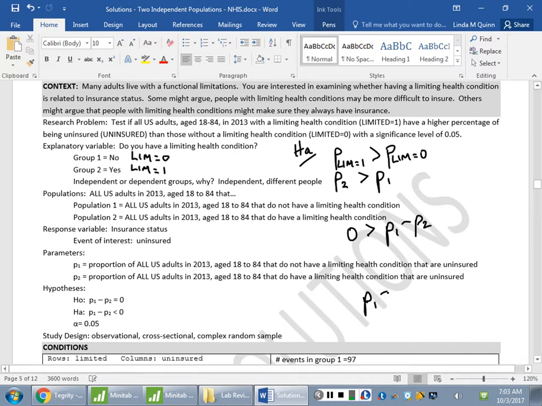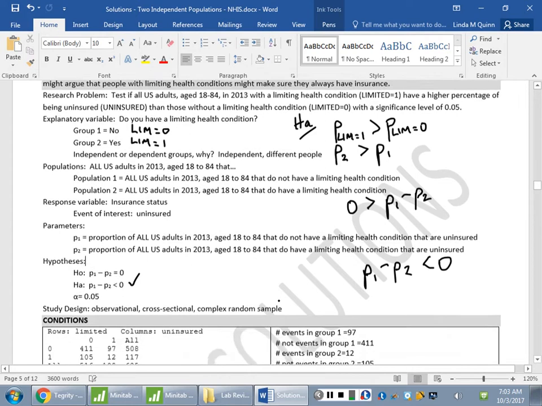So P1 minus P2 has to be less than 0. Okay, so there's my alternative hypothesis. Okay, so think about stepping through it very carefully. Okay, once again, same observational complex random sample. Okay. All right, so condition section.